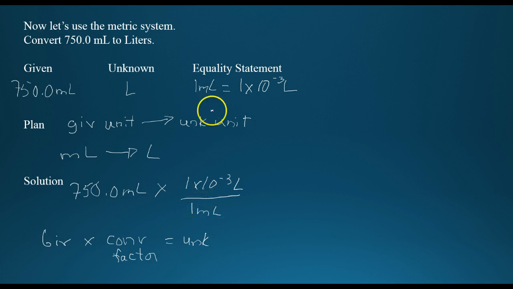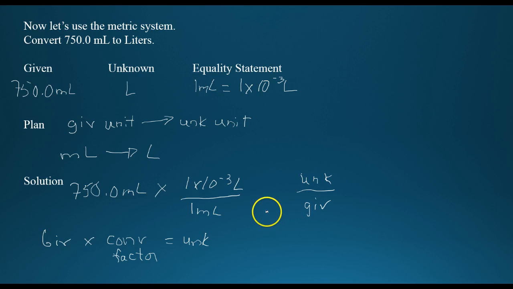And where did I get the 1 milliliter from? From the equality statement. So we're going to take this equality statement and set it up as the conversion factor with the unknown unit liter on the top and the given unit on the bottom. Okay, and if you have to write it down, make sure you write it down. Conversion factor, you want the unknown over the given.